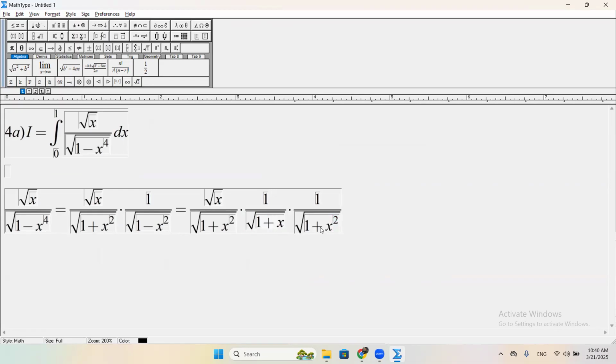Plus let's write here minus x. Which part is interesting for us? Actually, this one. So let's compare with the following integral.